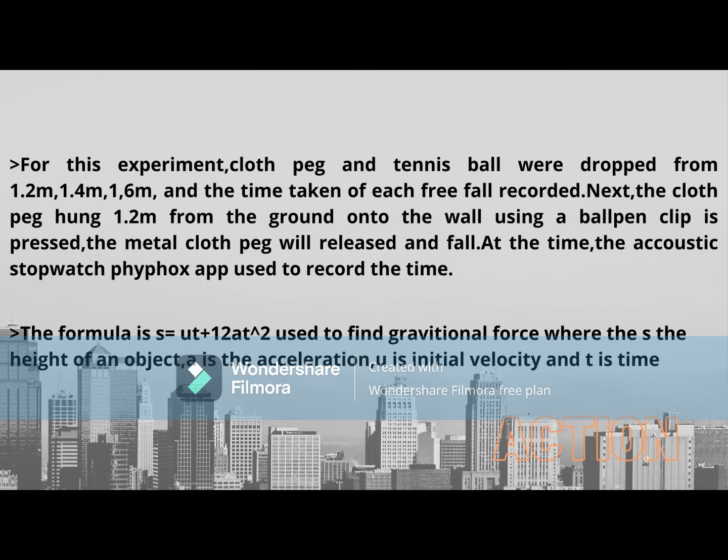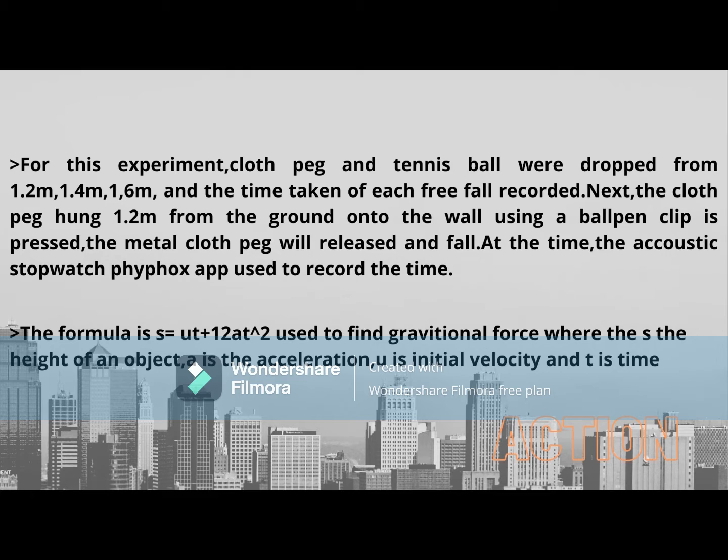For the experiment, the cloth peg and tennis ball were dropped from different heights, and the time taken for each free fall was recorded. The cloth peg is hung from the wall using a ball pen clip, which is pressed. The metal cloth peg will release and fall. At that time, the acoustic stopwatch is used to record the time.